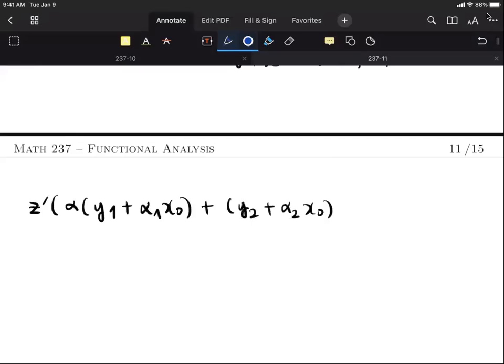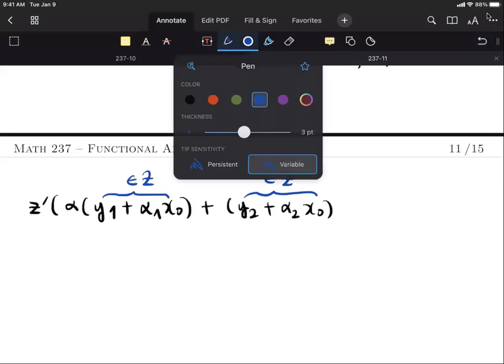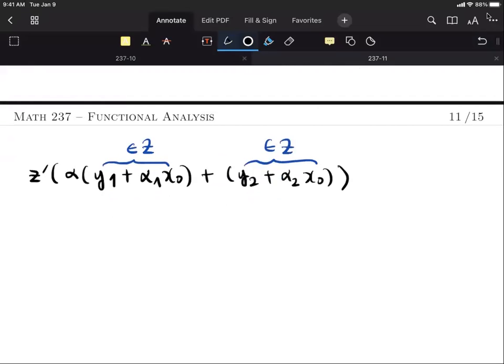Take note that these are of the form of elements in Z. And we can write this as Z prime of alpha y1 plus y2 plus alpha 1 plus alpha 2 x naught.